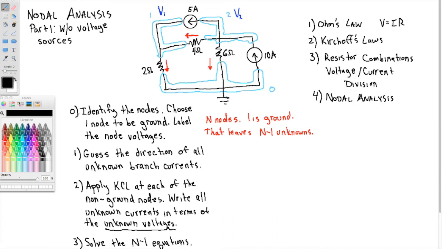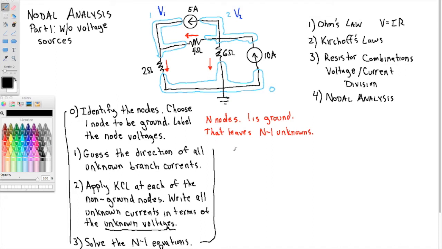And we'll say that's it for this procedure. Okay, and you say, well, what about the currents then? Well, once we know the voltage at node 1, and once we know the voltage at node 2, then we know the voltage across the resistors, and then we can apply Ohm's law to get the currents through those resistors, as you will see in this example.